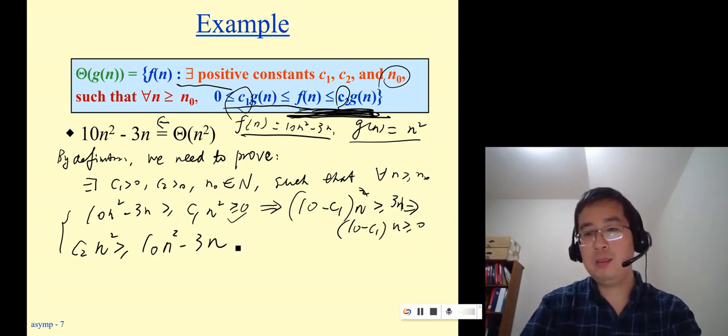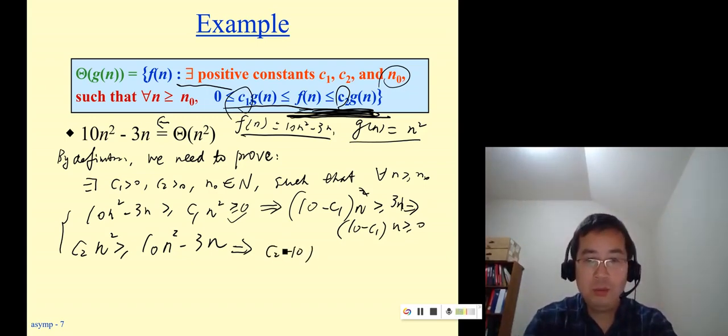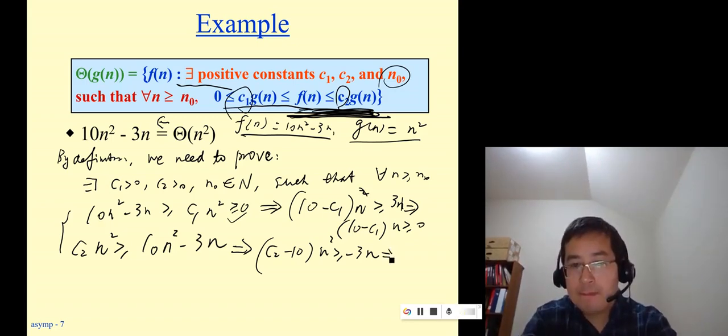The second one is C2 minus 10 times n squared larger than minus 3n, and then you factor out one n, so you have C2 minus 10 times n larger than minus 3.